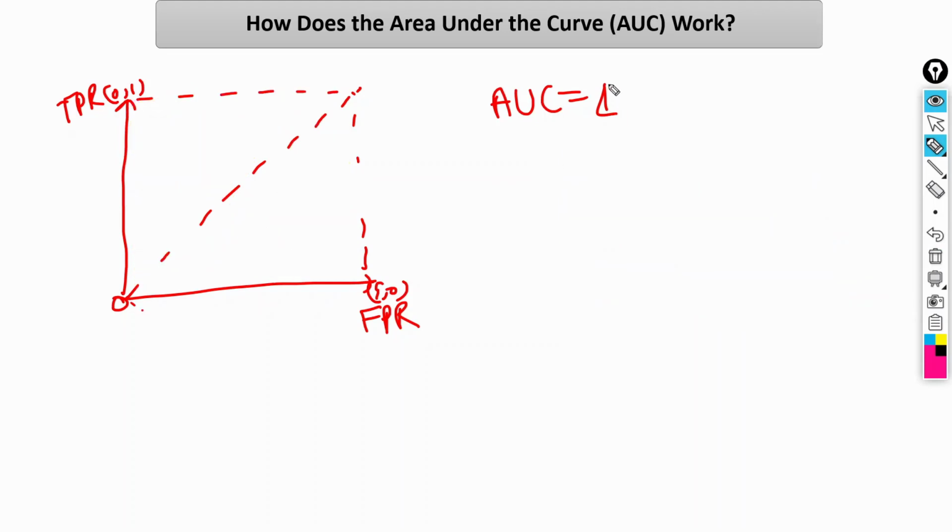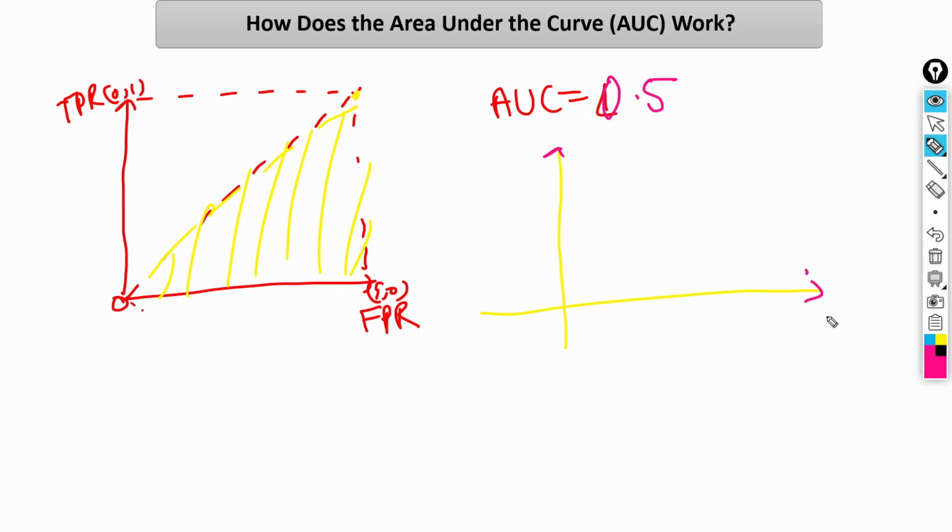If the area under the curve is 0.5, it means this particular region, right? So in that case what would happen? If you see here 1, 0.5, 0. Your model will behave like this.